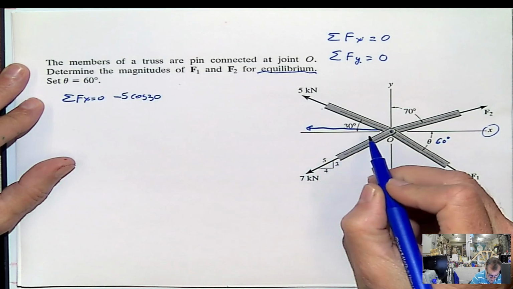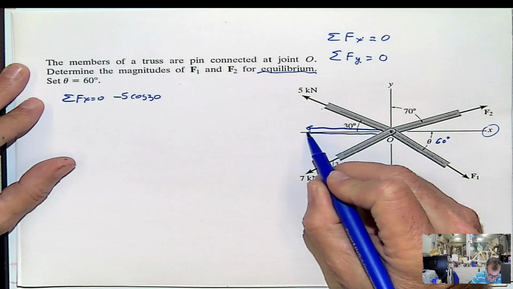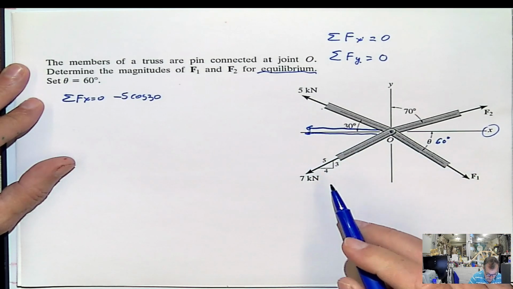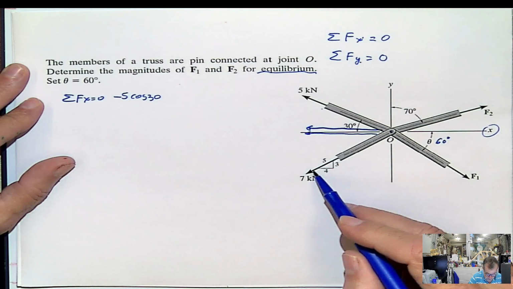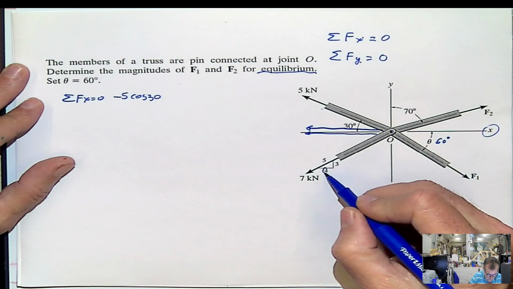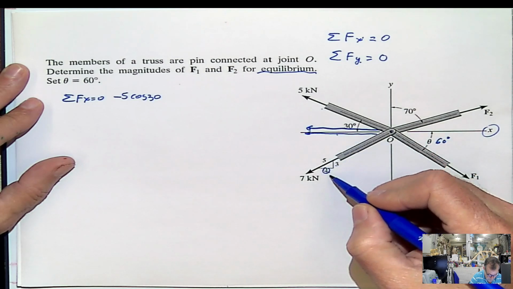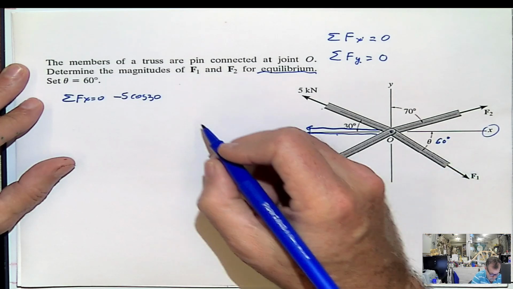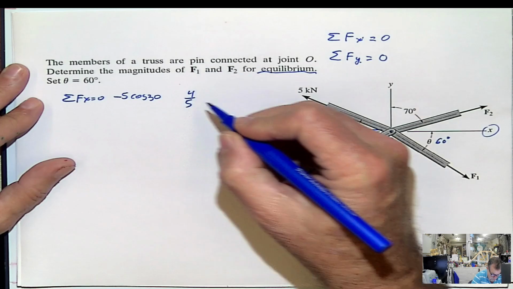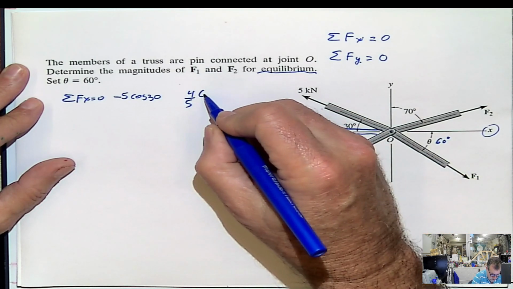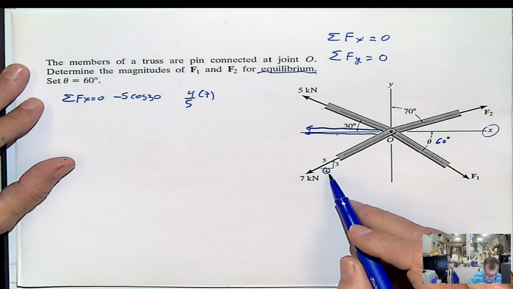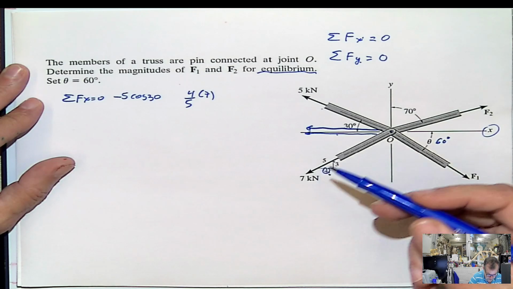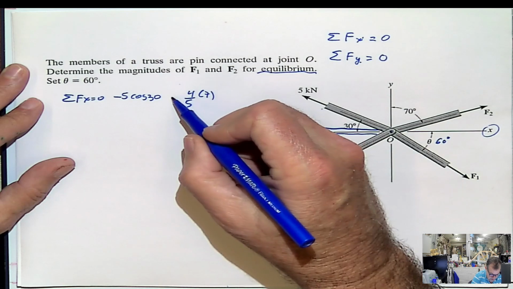This other force has this component, and remember this little triangle here is telling you to use the adjacent side divided by the hypotenuse, so 4/5, and multiply by the magnitude of the force, 7. It's also going to be negative because it's going in this direction.